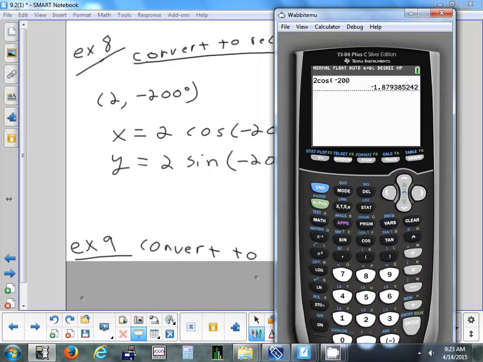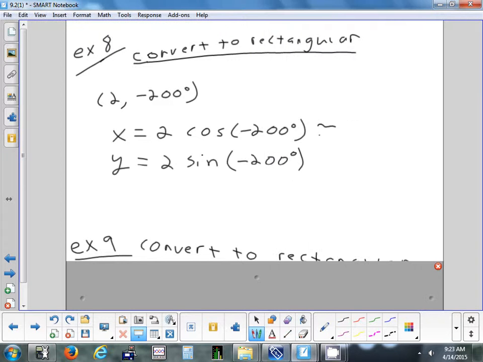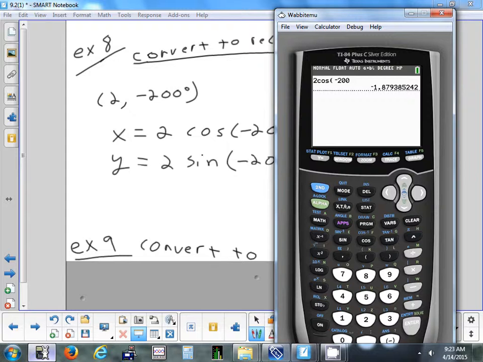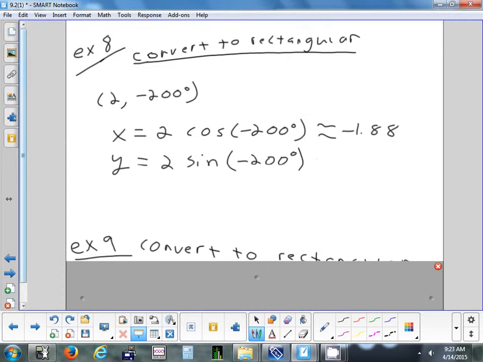So we get negative 1.88 for x, and for y, negative 0.68. Now just write your final answer, x, comma, y.